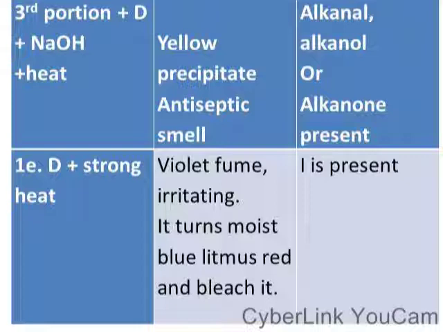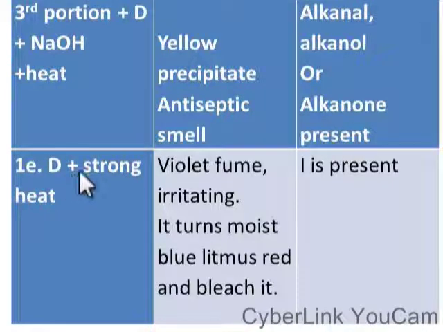And that yellow precipitate is going to give us an anaesthetic smell. Do you get that? Now, when it gives the anaesthetic smell, when you take D again, that is the third portion, that is C plus D, is going to give you alkanal, alkanol, or alkanone present.